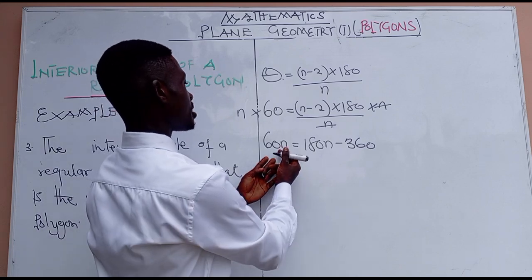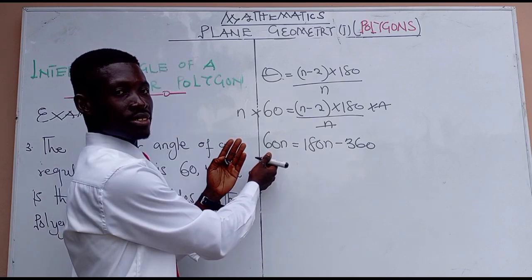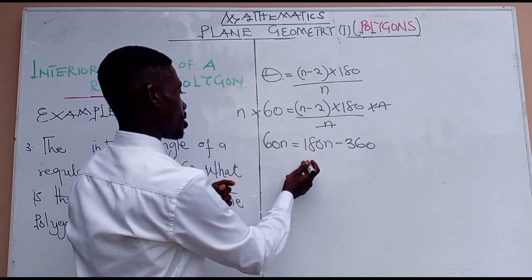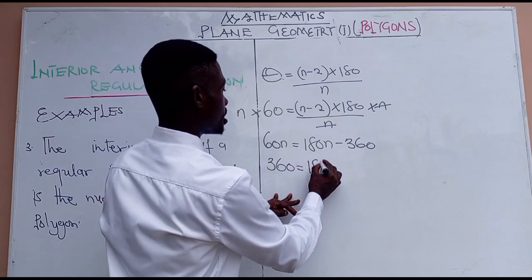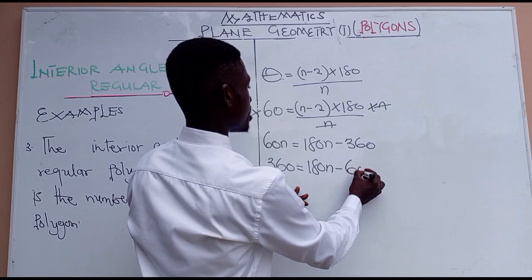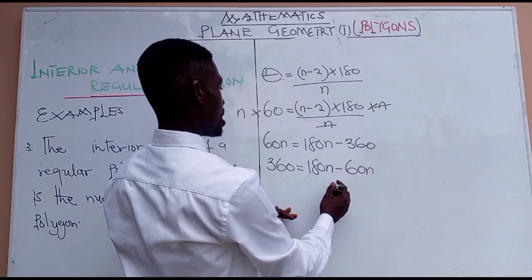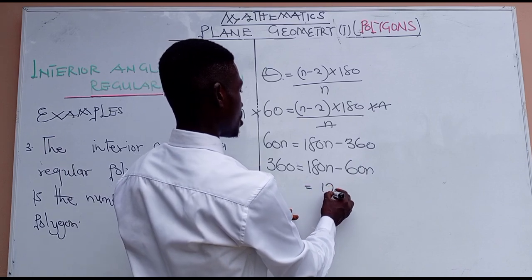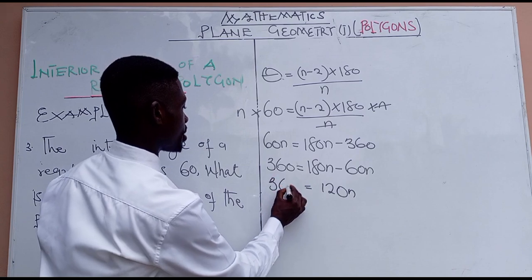We bring the 60n to this side and transpose minus 360 to the other side of the equation. So we get 360 is equal to 180n minus 60n. Now 180n minus 60n will give us 120n.